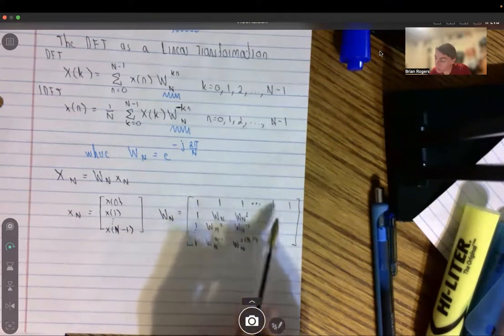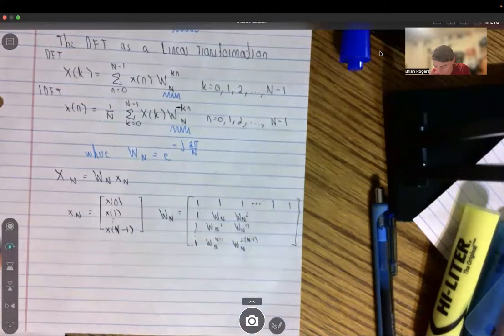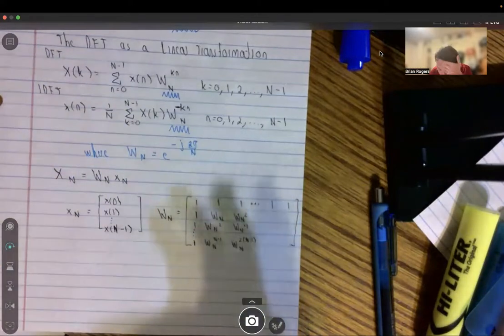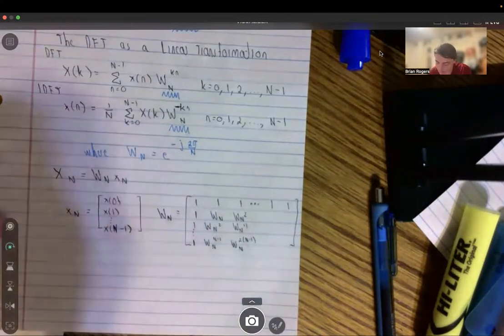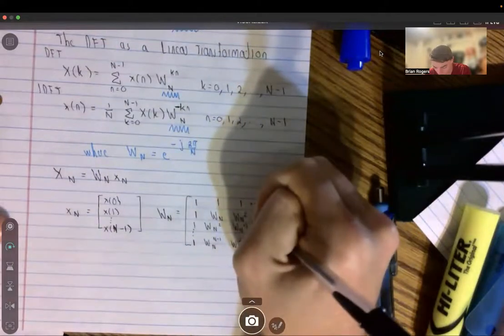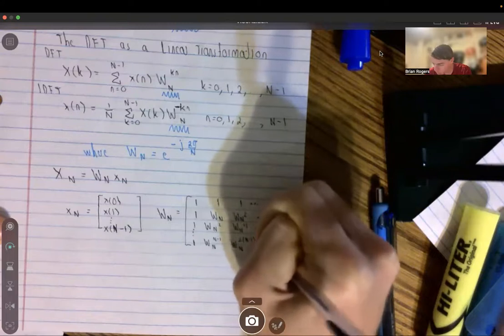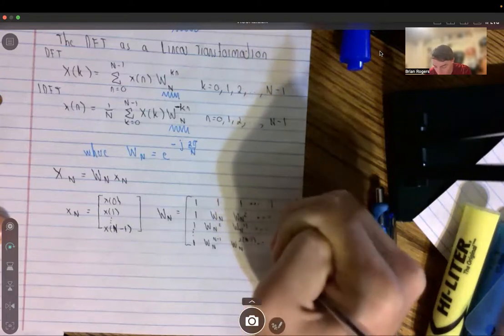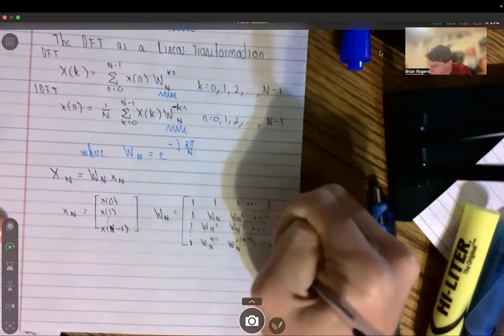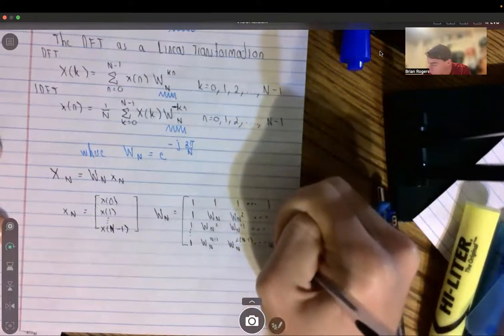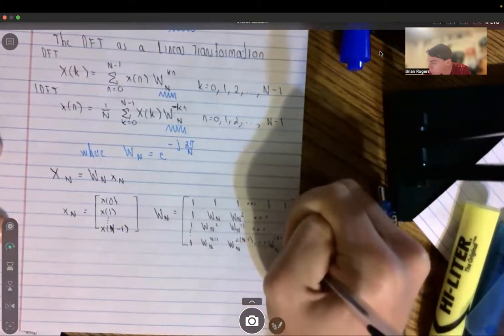And then so on and so forth. And that's what determines the values. We'll do an example with this so you get a good representation, because now it's probably just sounding like numbers. And then in this last one here, we'd have WN, n minus 1, and then we'd have n minus 1.